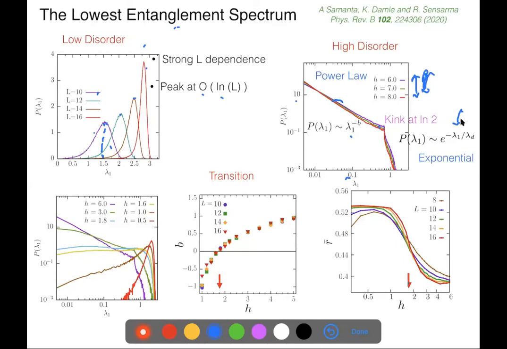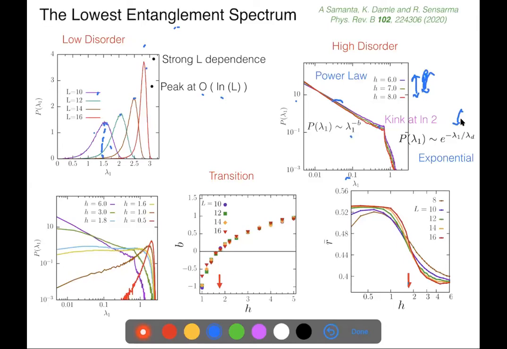So for each eigenstate, I construct the density matrix, and from that density matrix, I get one lowest entanglement spectrum. So first, I average over all states with the same disorder realization. When I say average, I don't average, I mean I bin all the data from all the energy eigenstates. And then I take different realizations and bin all those data together to get my distribution.